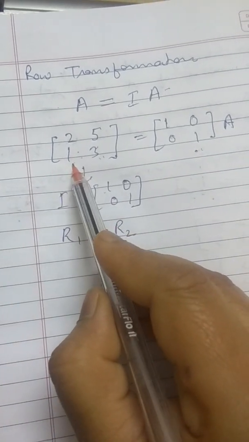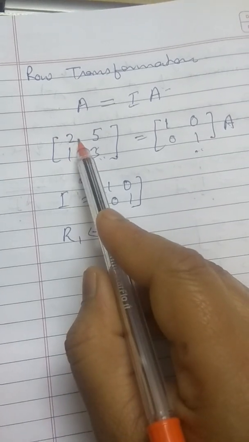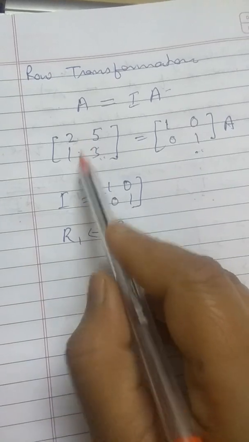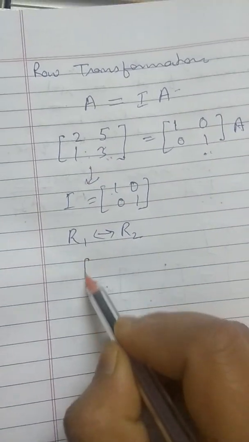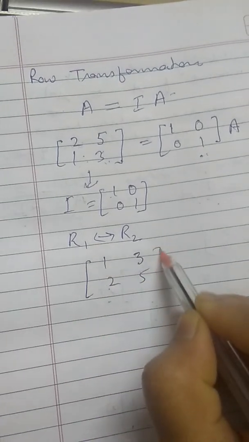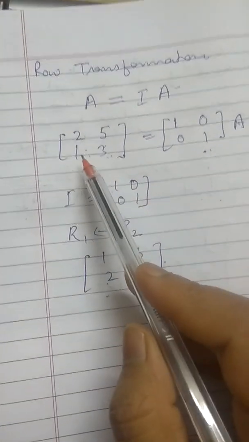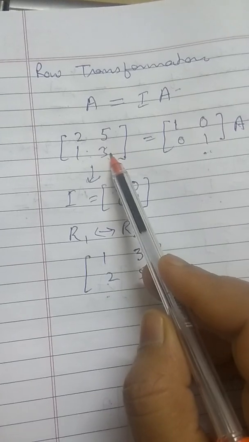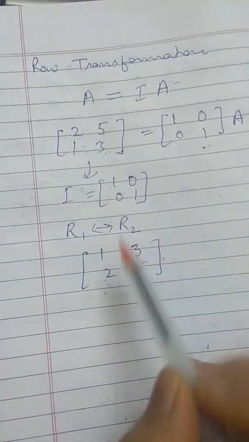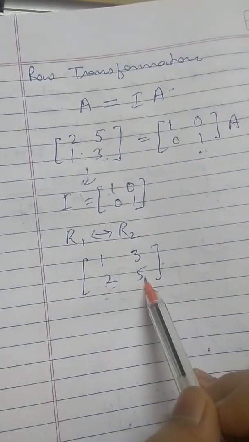Here 1 is there, therefore we have to apply first row and second row can be interchanged. It becomes 1 3, 2 5, that is, we converted the second row into the first row and the first row into the second row.